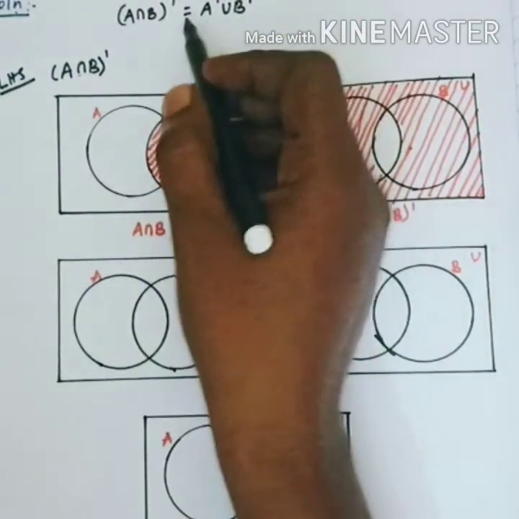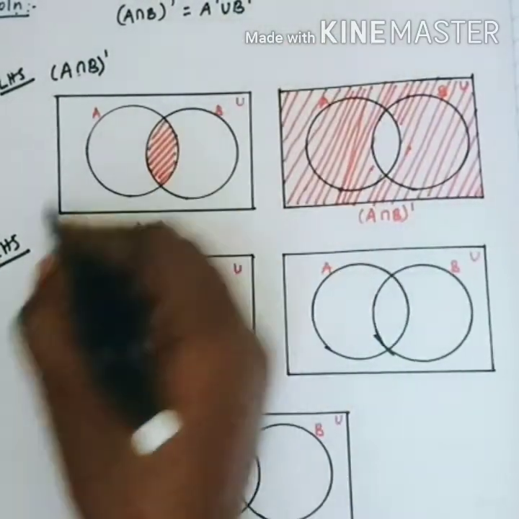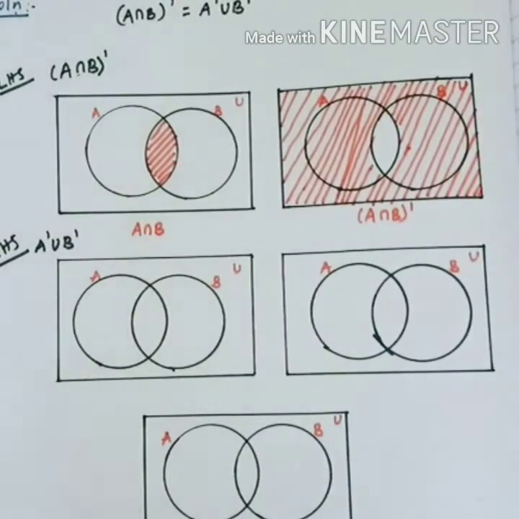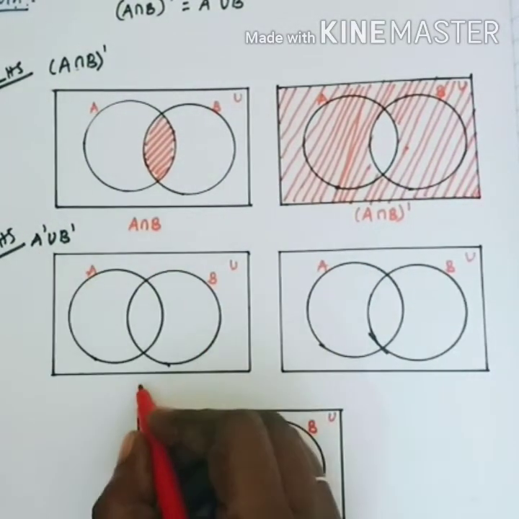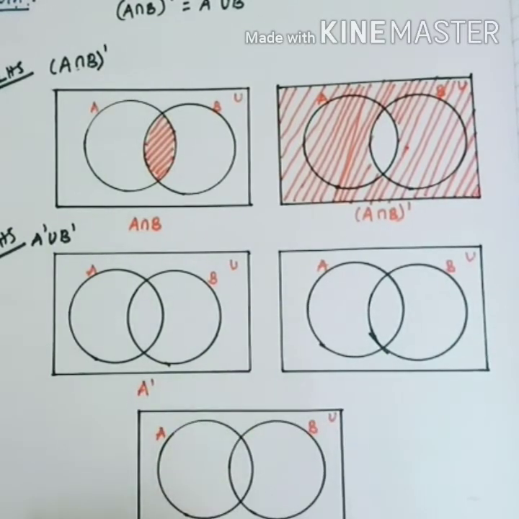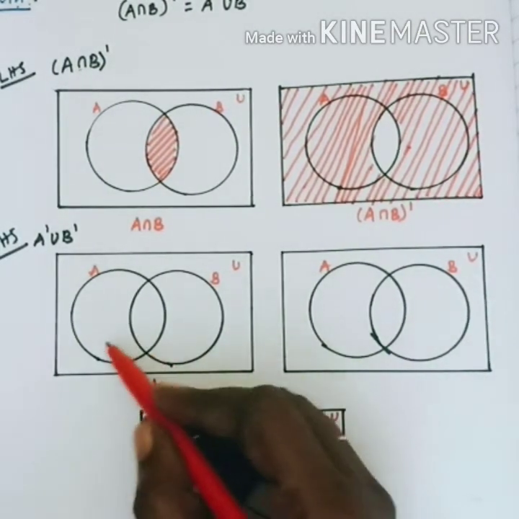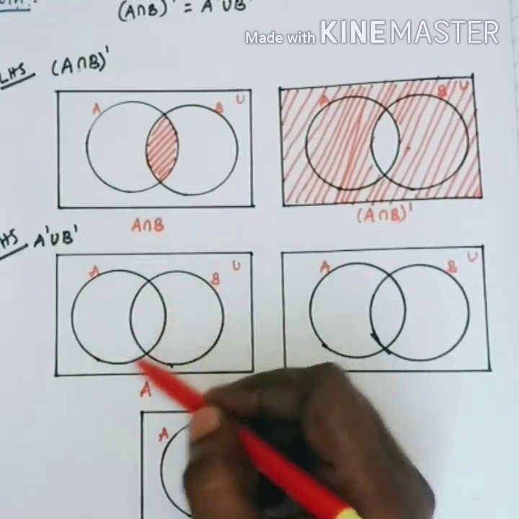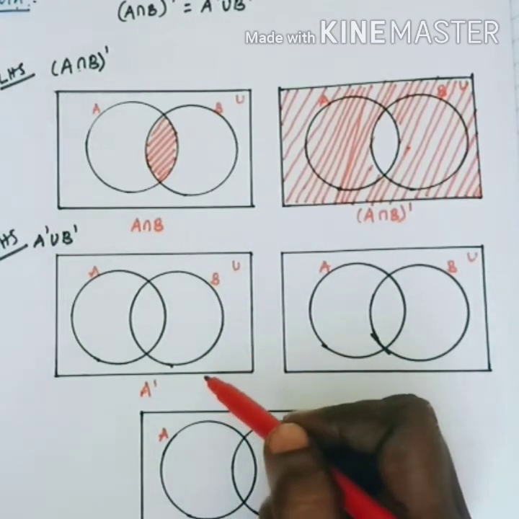What do we have in the right hand side? A dash union B dash. So now we have to identify A dash first. A dash means don't shade this set A, and shade the remaining portions in the universal set.